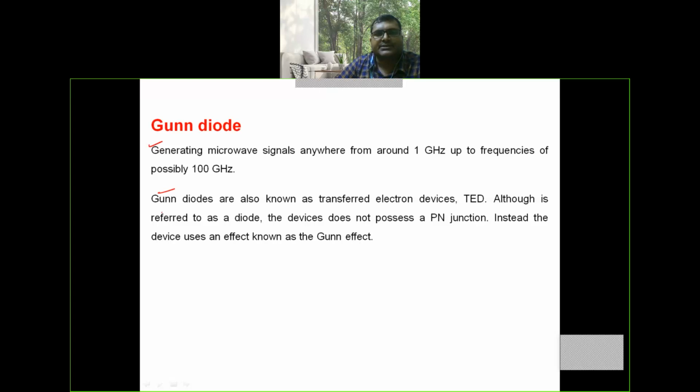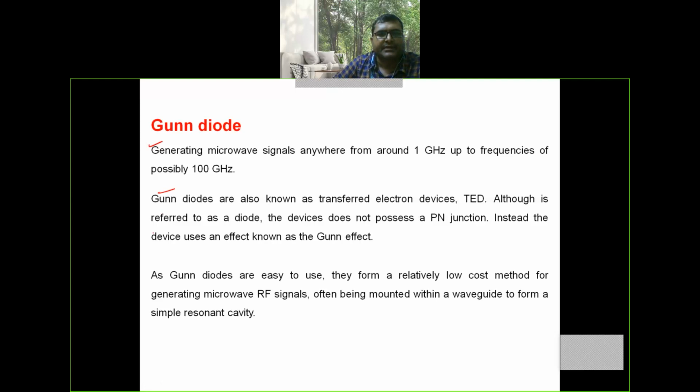Instead, the device uses an effect known as the Gunn effect. The Gunn diodes are easy to use. They form a relatively low-cost method for generating microwave RF signals, often being mounted within a waveguide to form a simple resonant cavity.